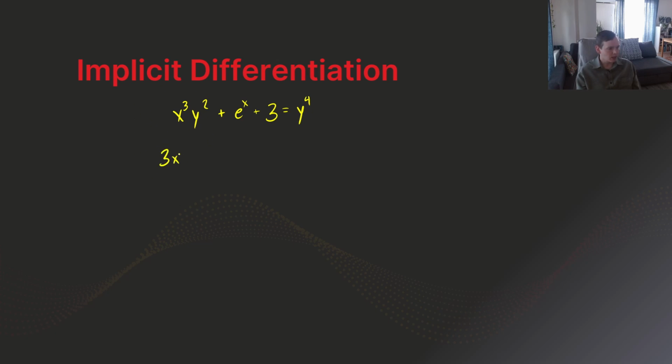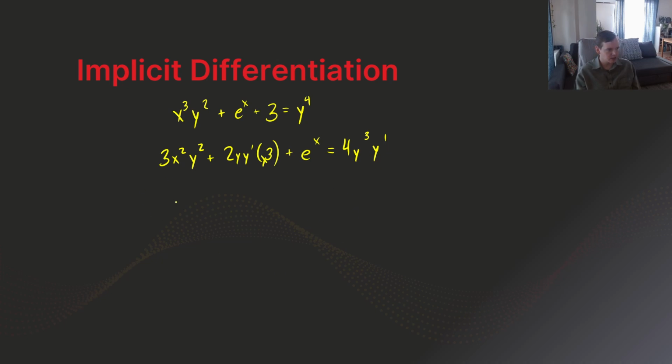So I'm going to get 3x squared times y squared, because I'm doing the product rule. So I take the derivative of the first function times the second function, and then the derivative of the second function, which is going to be 2y y prime times x cubed. Derivative of e to the x is just e to the x. Derivative of 3 is 0. Then we got 4 y cubed, y prime.